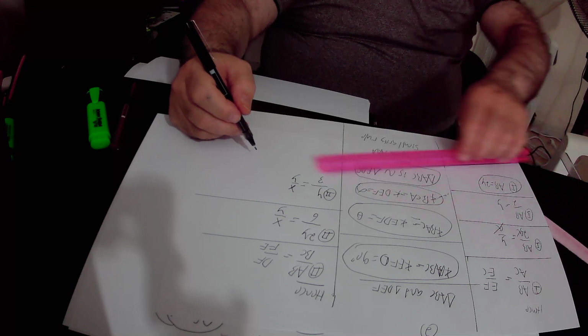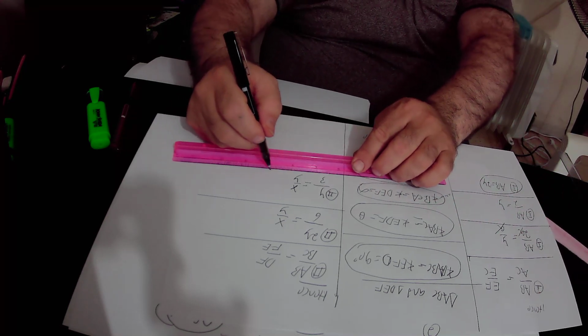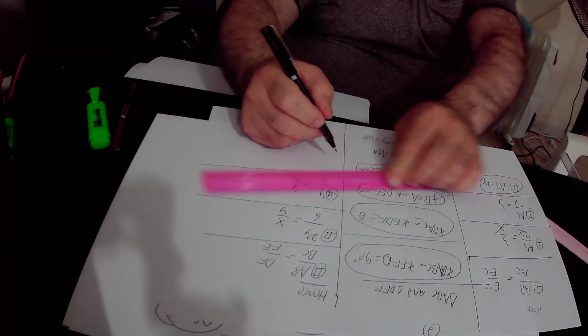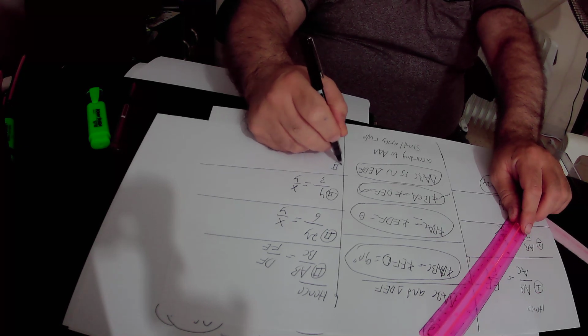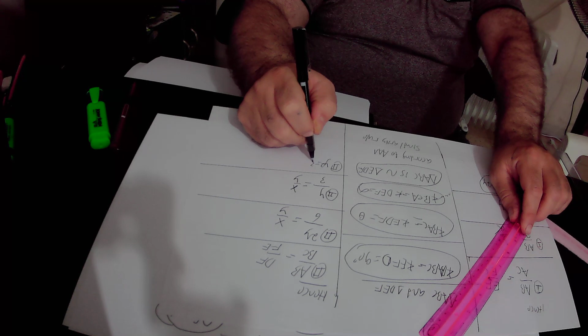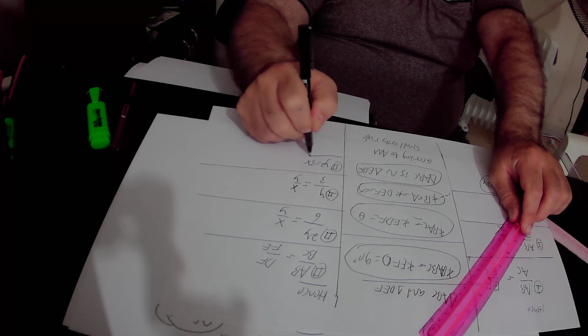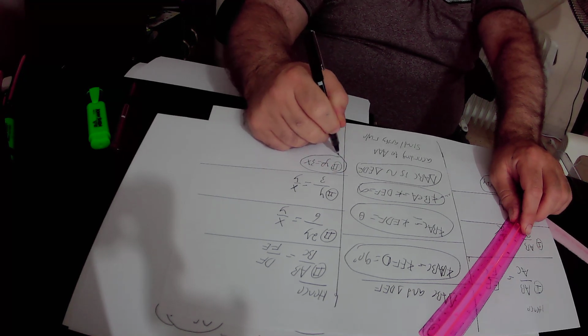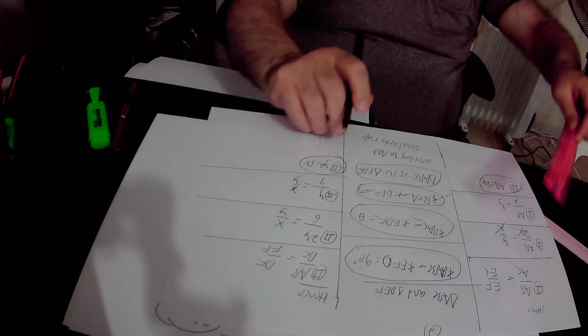Here we will cross multiply this equation number 2, and we will get that y squared equals 3x. According to equation number 2, we found out that y squared equals 3x.